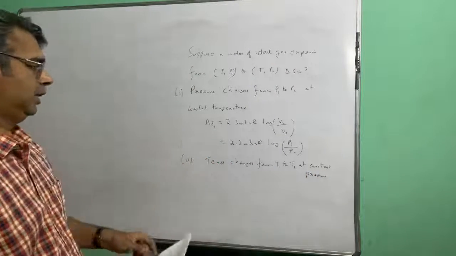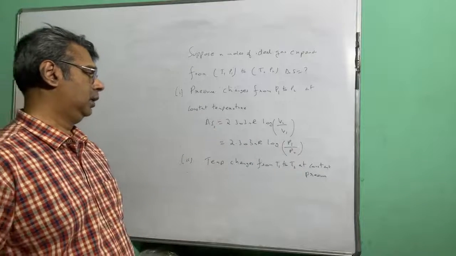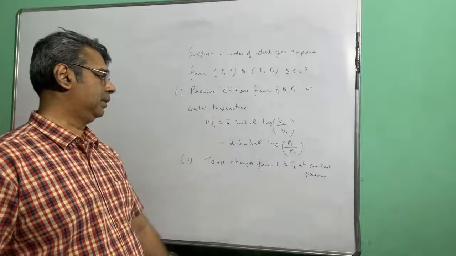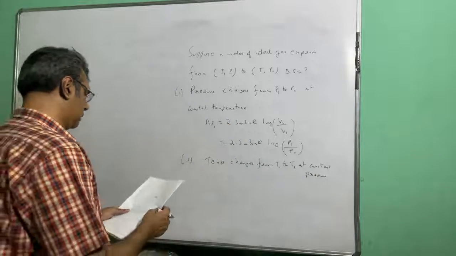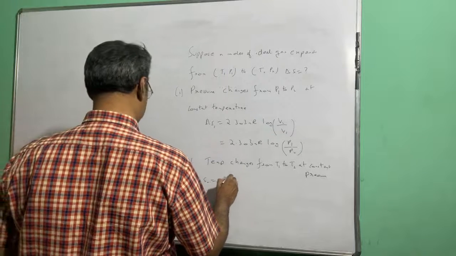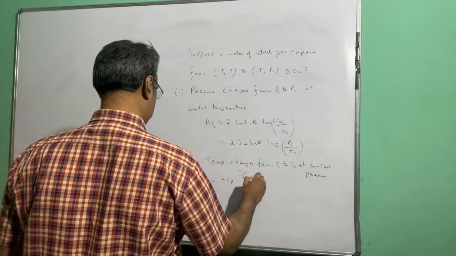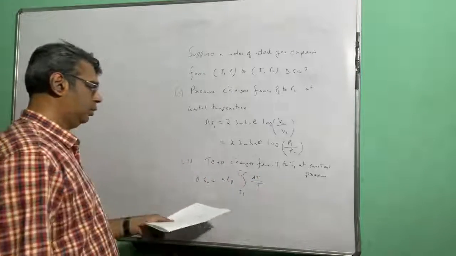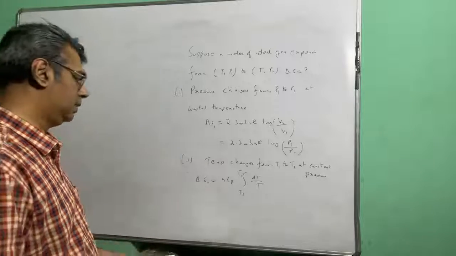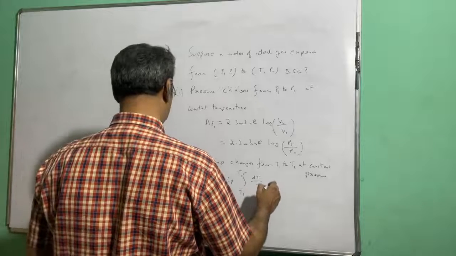the temperature changes from T1 to T2 at constant pressure. So first the pressure changes from P1 to P2 at constant temperature, then the temperature changes from T1 to T2 at constant pressure. For this, the change in entropy will be, you know that at constant pressure we can use n Cp, where Cp is the molar specific heat at constant pressure, integral dT by T from T1 to T2.